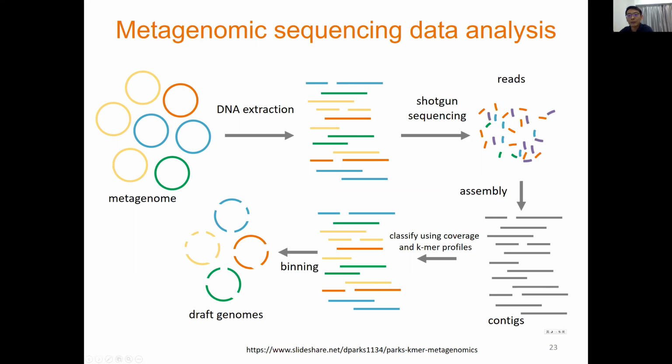Some bacteria have a low GC value, and some bacteria have a high GC value. Based on this information, we can group the contigs into different groups, and this process is binning. After binning, we can analyze each bin individually.